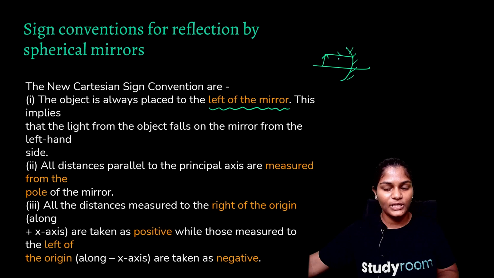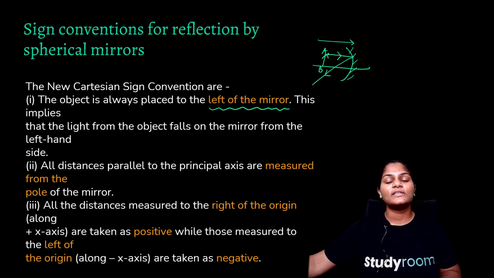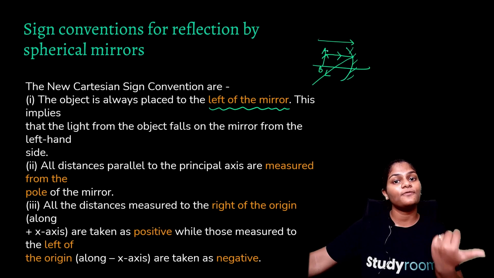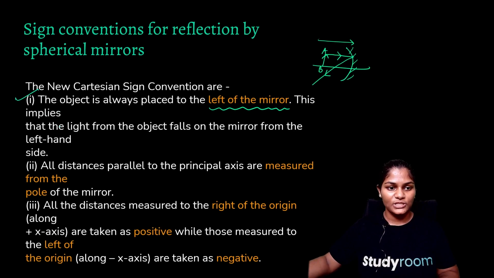What is the direction of the ray? The direction is this, right? The direction of the ray coming from the object, this object AB, is always from left to right. That's why we say the light is falling from the object to the mirror. Great. That is the first point here.